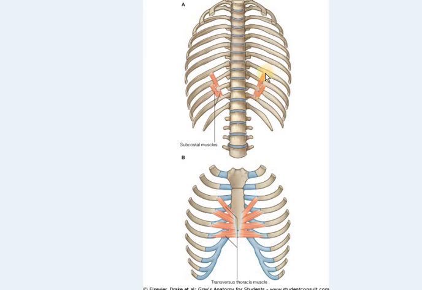From this diagram you can see that the subcostal muscles run from the angle of the rib. You can see this is the angle of the rib. So they extend from the angle of the ribs to the more medial portion of the rib below, either the just lower rib or 2 or 3 ribs below.